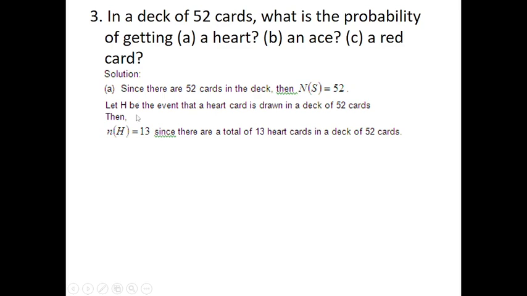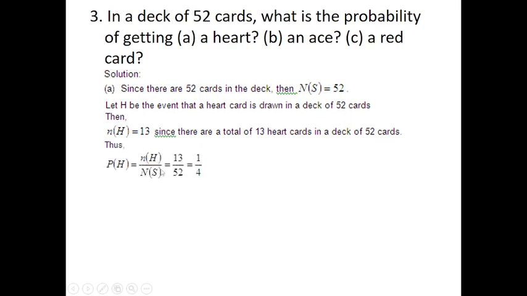So, sabihin natin, yung H ay yun yung event that the heart card is drawn in a deck of 52 cards. Okay? So, bilangin natin ilan lahat ng heart dun sa deck na 52 cards. So, 13. No? 13 yung mga heart cards. So, since there are total of 13 heart cards in a deck of 52 cards. No?